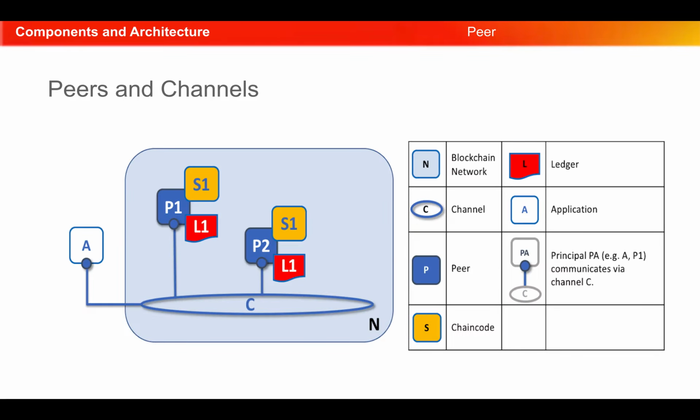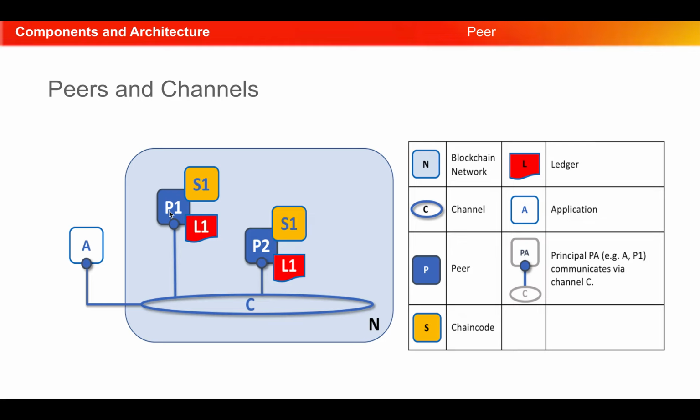Now, let us understand how peers and channels will come together in a Hyperledger Fabric network. As you can see from the diagram, consider this as the network N, the blockchain network, and C as a channel. You have an application A which is connecting to the channel C. The channel is internally connected to peer P1 and peer P2.